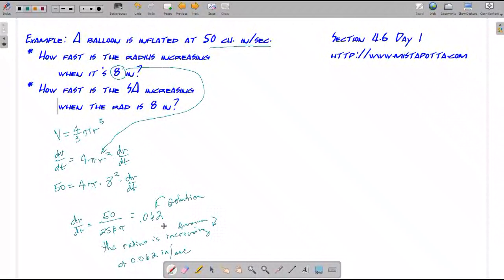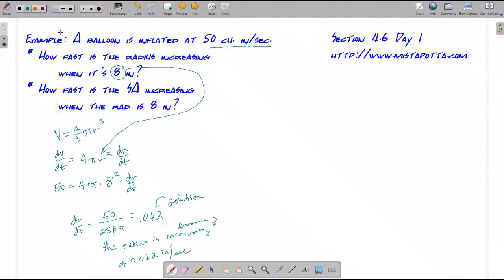A solution is just going to be a number, but an answer is actually going to answer the question. How fast is the radius increasing when it's 8 inches? It's increasing at a rate of 0.062 inches per second.